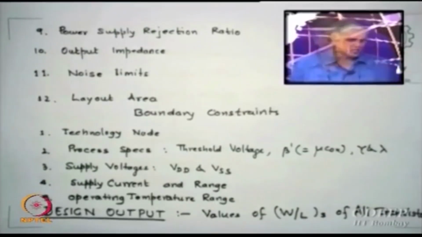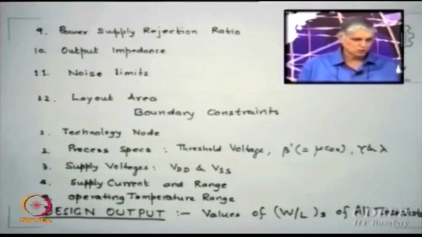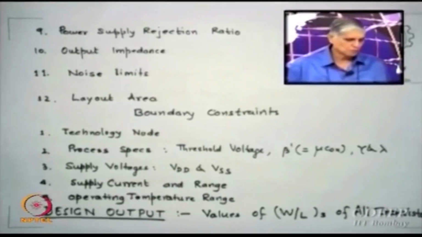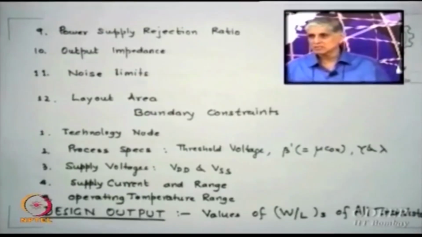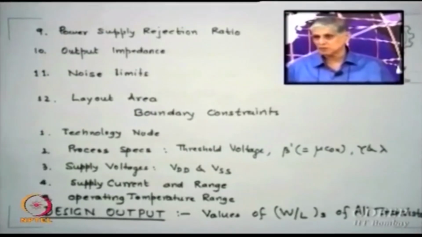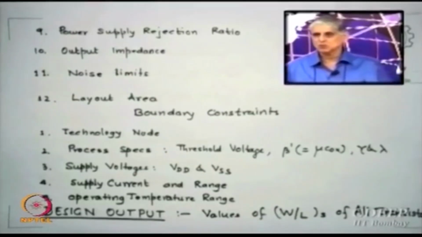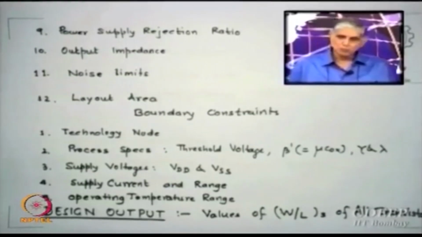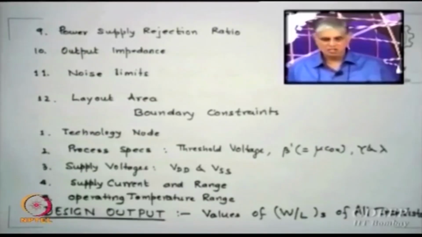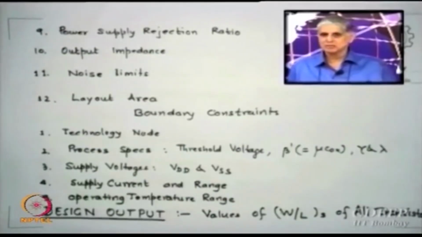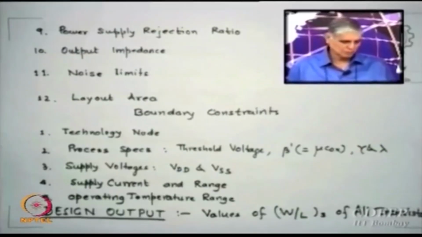The second worry for the boundary constraints comes from the threshold voltage available for that node, and the beta dash value, that is, the mobility one gets. The SPICE file specifies mu, and of course they also specify oxide thickness, so mu C ox is known for both N channel and P channel, because mu N and mu P are separate, so you will get beta N dash and beta P dash.